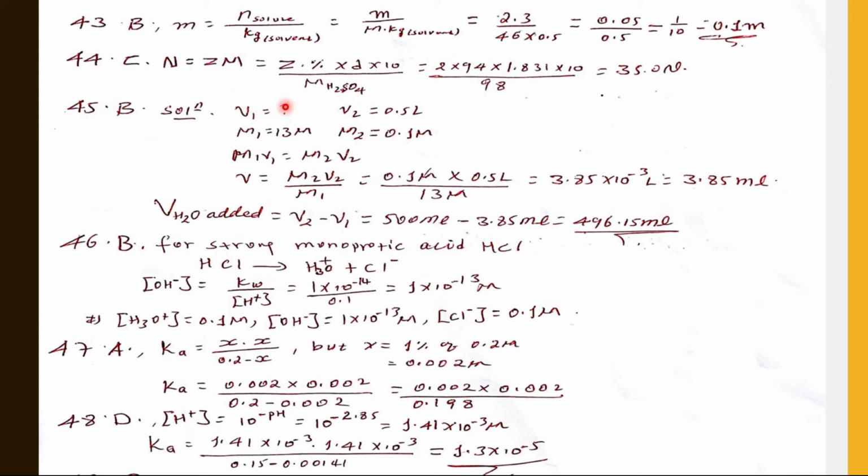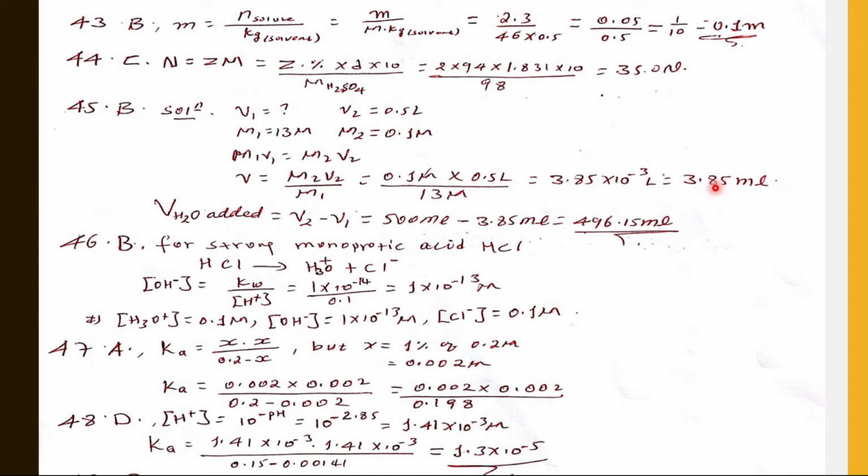V1 is how much when molarity is 13 molar, V2 is 0.5 liter, M2 is 0.1 molar.